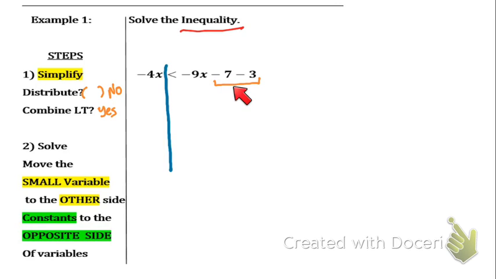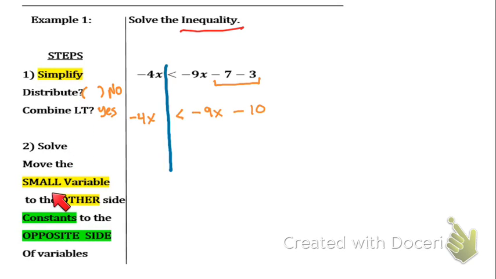They need to be put together. Okay, so when I combine them, my new problem changes to negative 4x less than negative 9x minus 10. Okay, so those two things are combined. All right, so now we're done simplifying. Now we can begin the solving part.